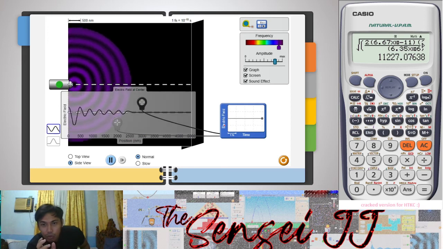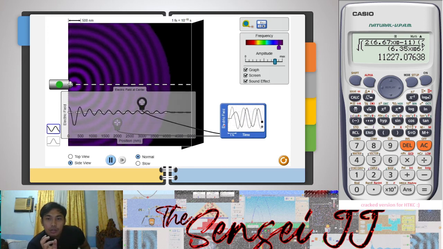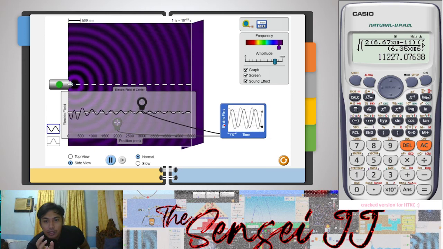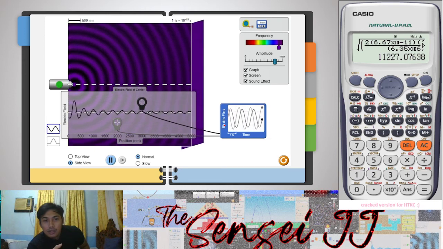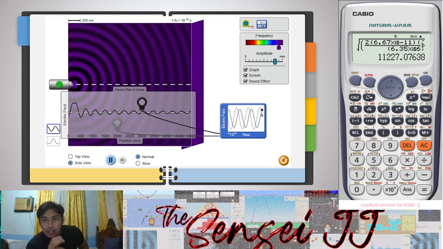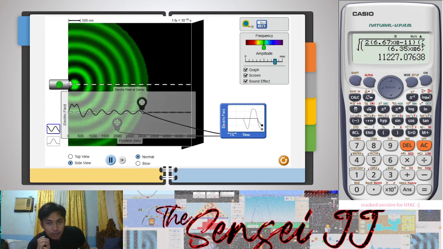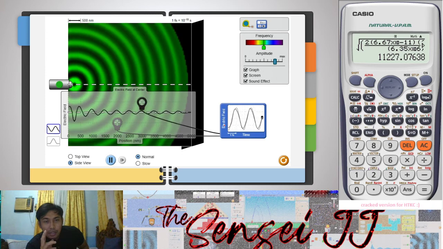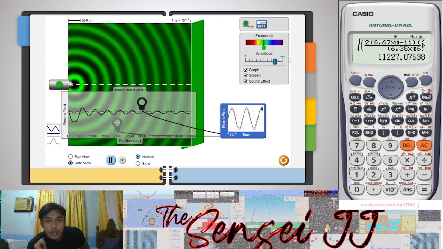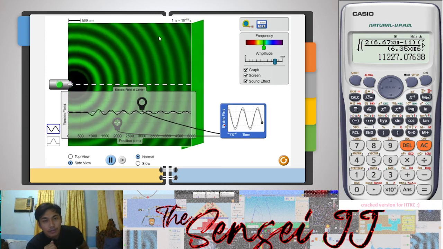But when we switch to the violet or the purple color, as you can see, the wavelengths are going bananas. It's fast. Our destructive interference is visible. Okay, so we have here the green, and yes, this one is purely constructive.